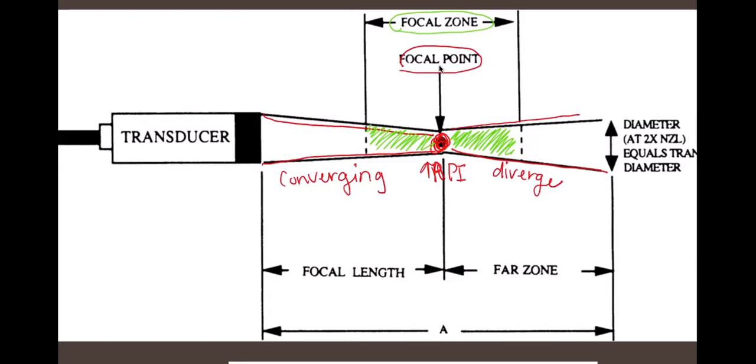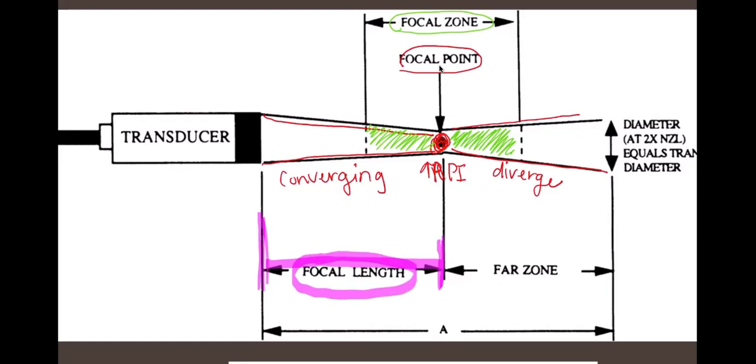The area from the face of the transducer to the focus is called the focal length. The focal length is not the most common way of describing this. I also want to draw attention to this. When people hear focal, they automatically think about the focal point.